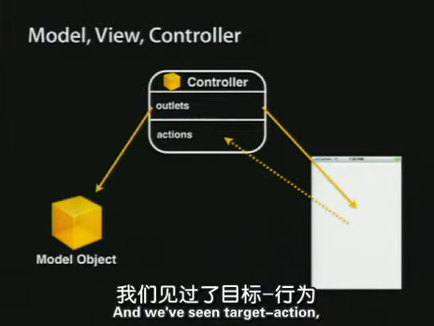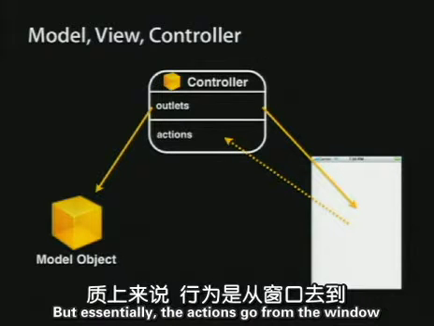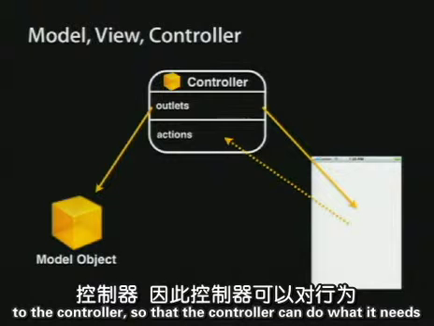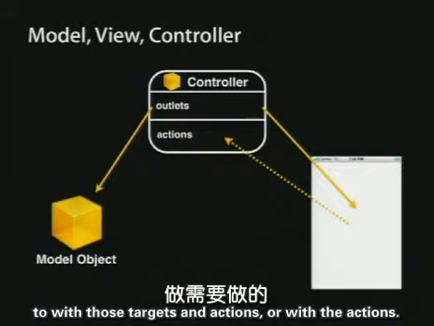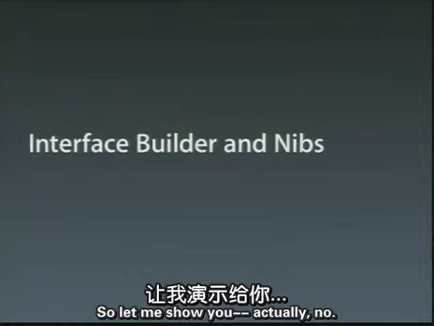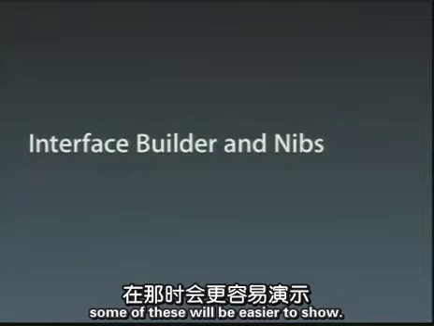And we've seen target action, which we'll talk a little bit more about later. But essentially, the actions go from the window to the controller so that the controller can do what it needs to with the actions. So let me show you. Actually, no, I'm not going to show you yet. When we talk about targets and actions a little later, some of this will be easier to show.